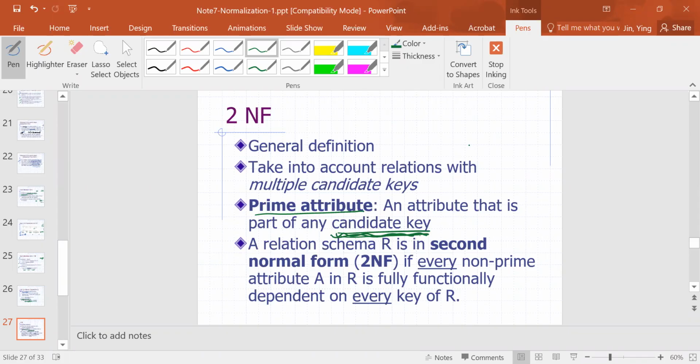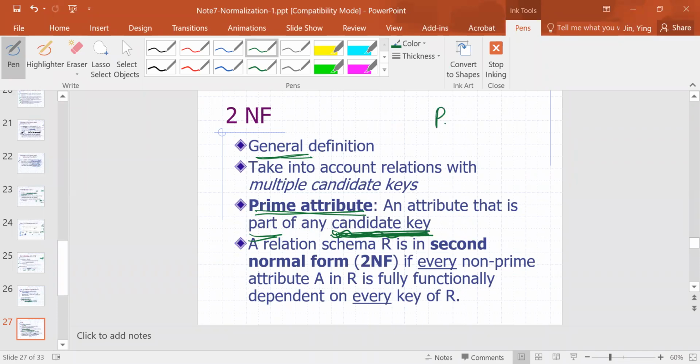We do not want to use that. We want to use the general definition, meaning we consider all the candidate keys, not only the primary key. So I'm going to show you an example of a prime attribute. A prime attribute is part of any candidate key, not necessarily covering everything in the candidate key.